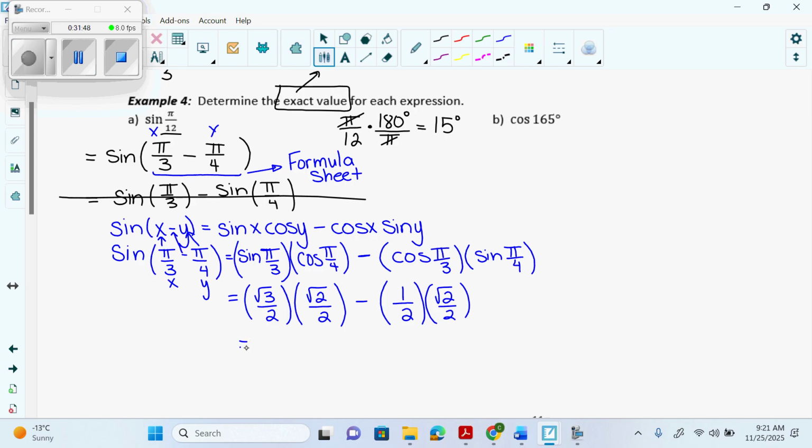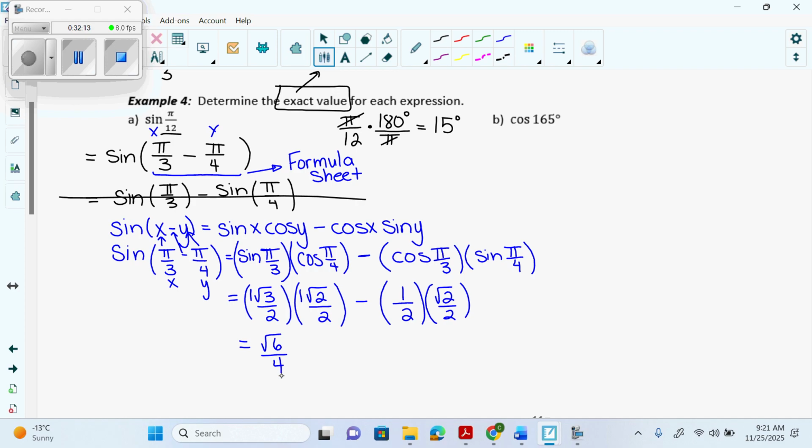Okay. The great thing about these is they'll always cause you to have common denominators, so you don't have to make them, which is super fantastic. Last year in grade 11 you were taught that when we multiply root times a root, we multiply the coefficient times the coefficient, the radicand underneath times the radicand underneath. So 1 times 1 is 1. I don't need to write it. Root 3 times root 2 is root 6 over 2 times 2, which is 4.